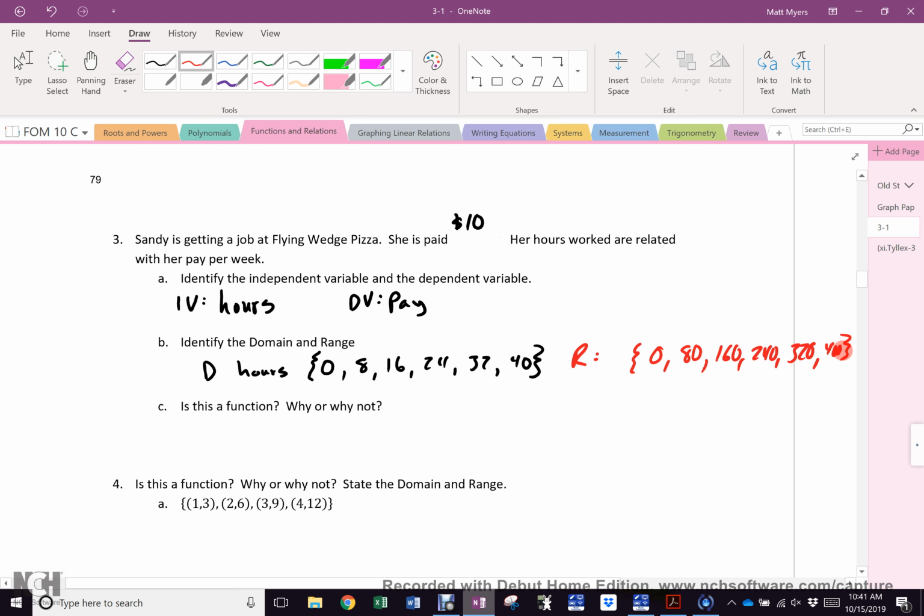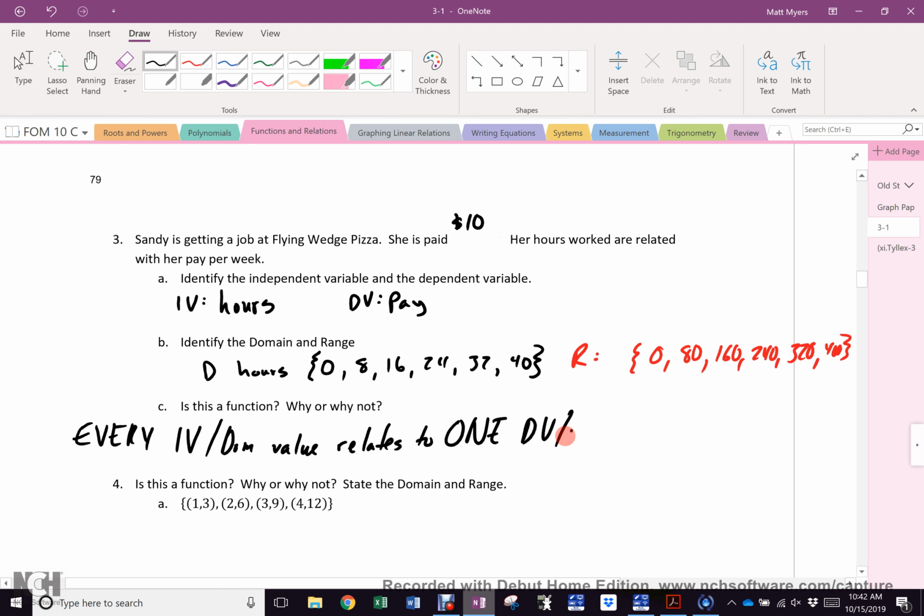Everyone's good? Now, is it a function? In a function, every IV or domain value relates to how many range values? 1. DV or range. Is that the case here?